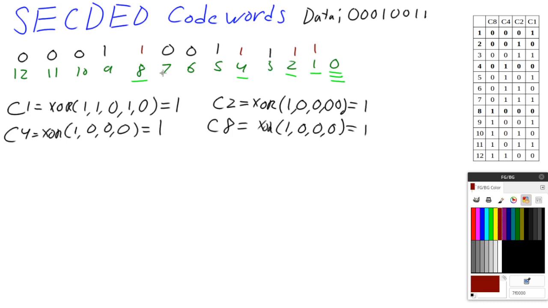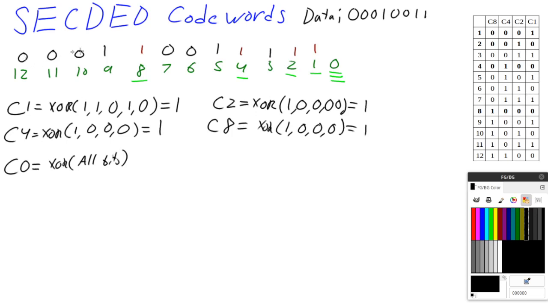And now, the big daddy is C0. And that is the XOR of, I'm not going to write them all, I'm just going to say all the bits, excluding 0, right? It's not going to parity itself. So let's look at all the bits here.